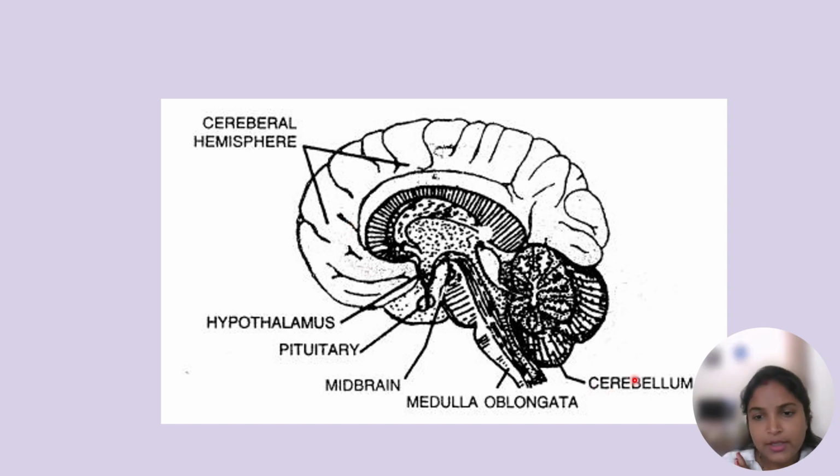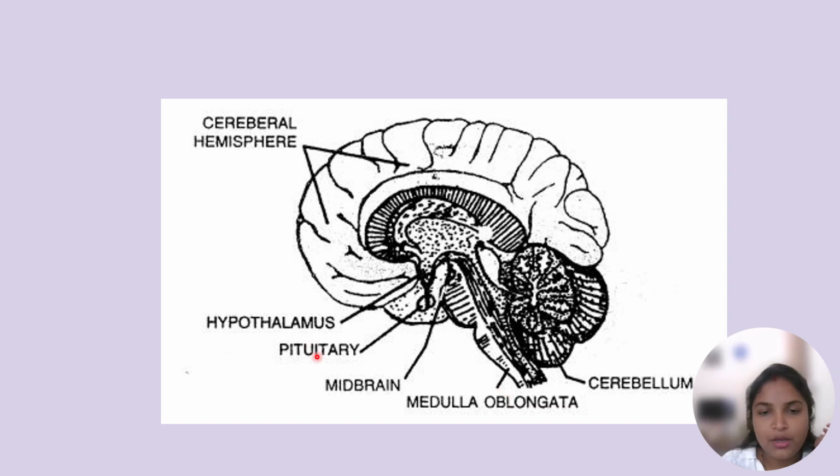The second part is the cerebellum, a leaf-like structure situated just behind the brain, where we touch the neck portion. Just below it runs the medulla oblongata, which continues as the spinal cord.